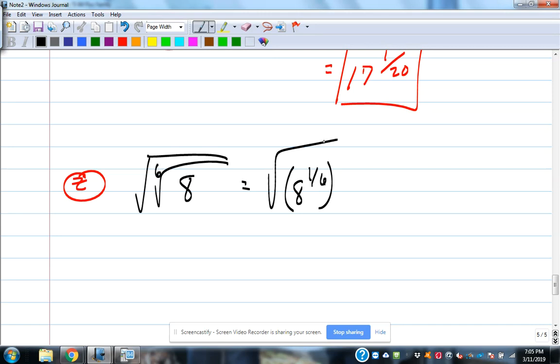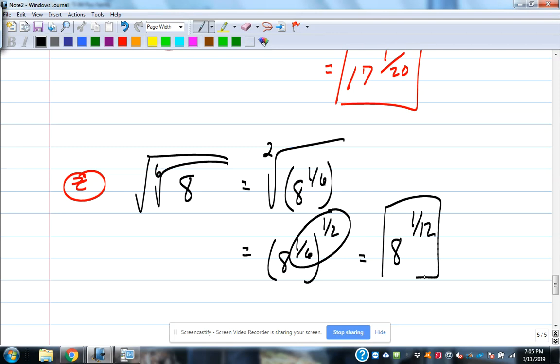And then it's in a square root. So that would be 8 to the 1/6 to the 1/2. Multiply those two together. 8 to the 1/12.